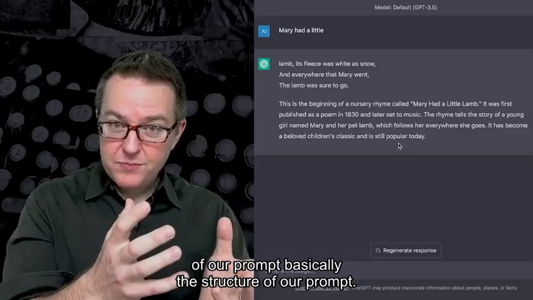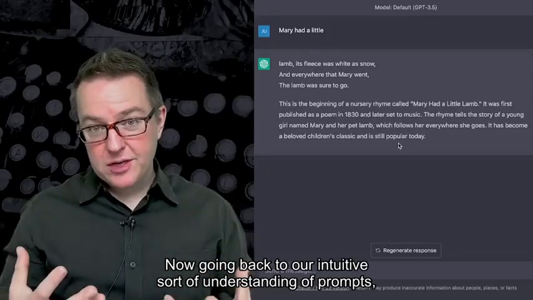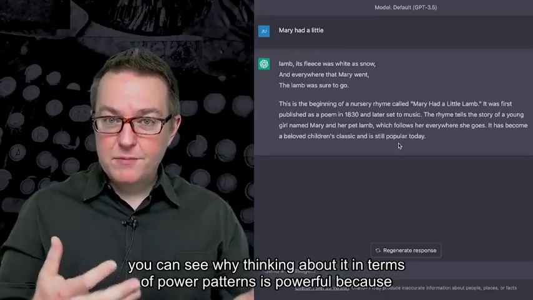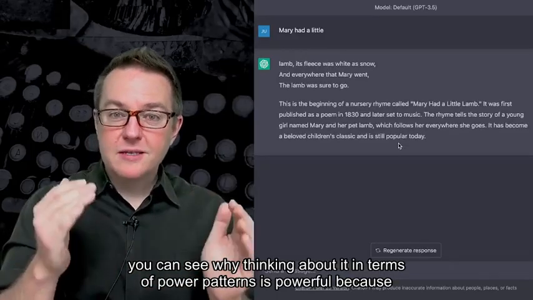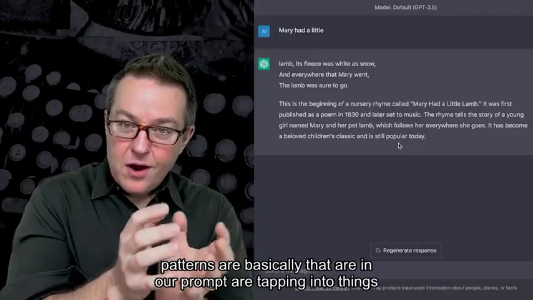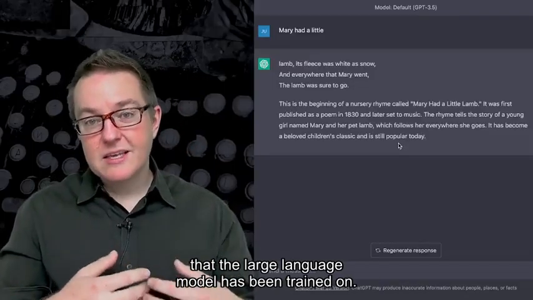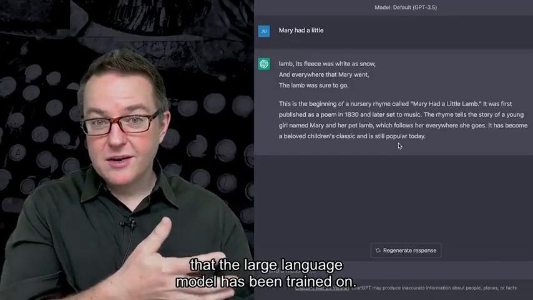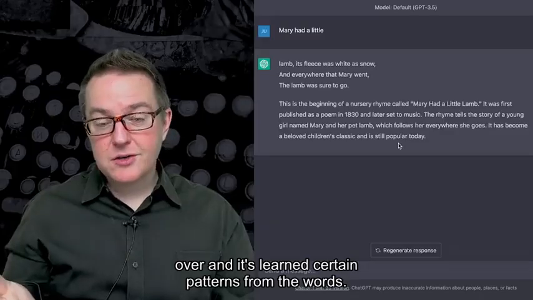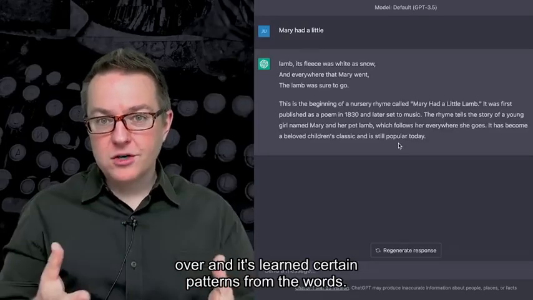Now, going back to our intuitive understanding of prompts, you can see why thinking about it in terms of patterns is powerful, because the patterns in our prompt are tapping into things that the large language model has been trained on. It's been trained to predict the next word over and over, and it's learned certain patterns from the words.